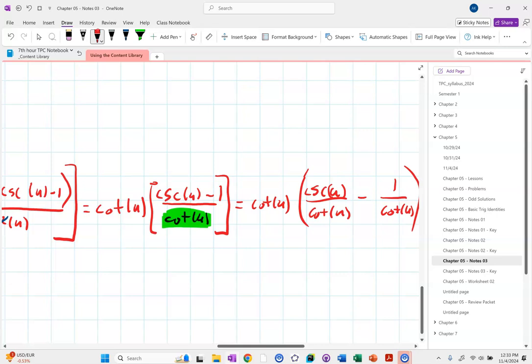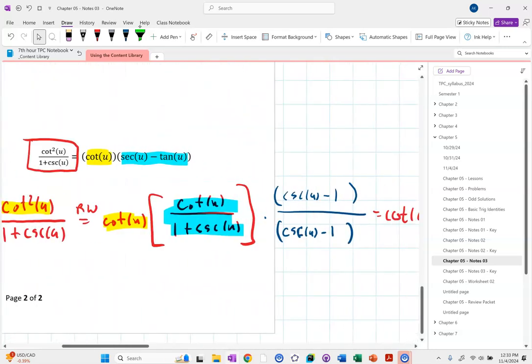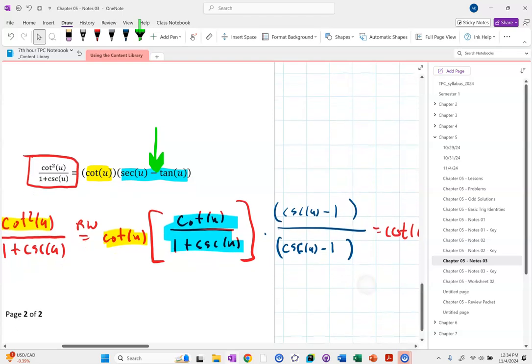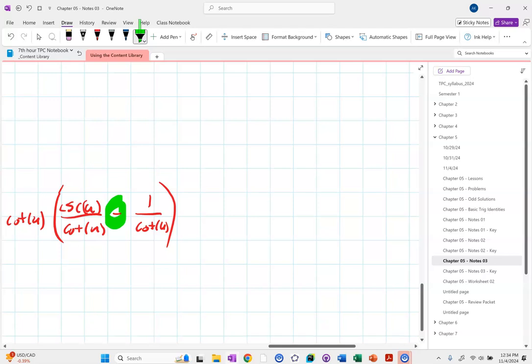Now, why would I want to do that? If you go back and look at what we're trying to get to, it's the difference of two things, right? So I've spent all this time banging away at that fraction to try to change it from a fraction to subtraction of two things. But we've gotten that much out of it. So that's good progress we've made, right? Because now we have subtraction.